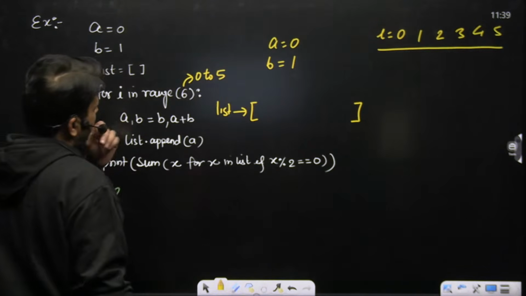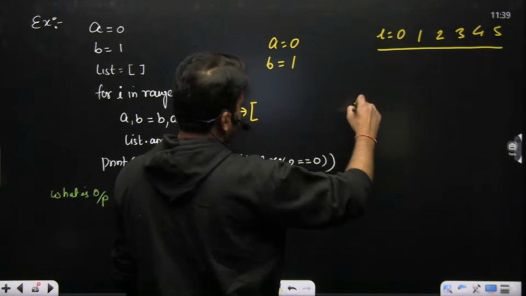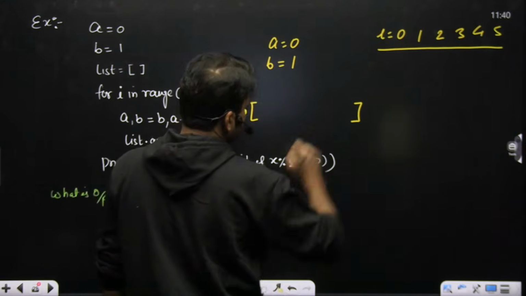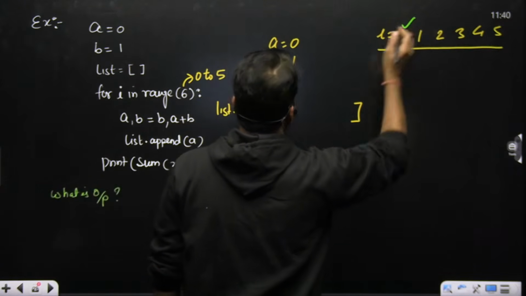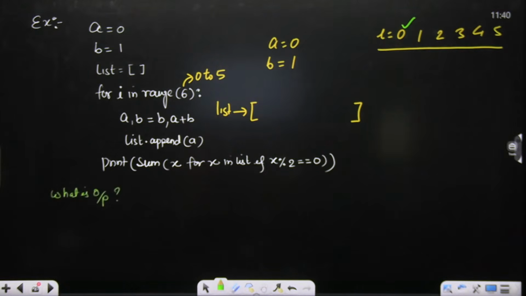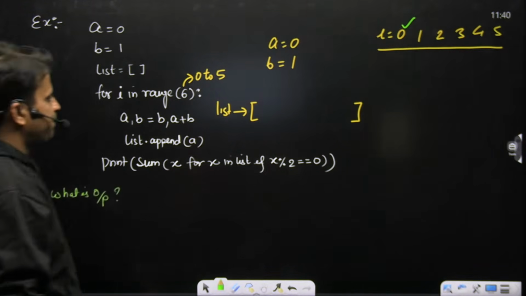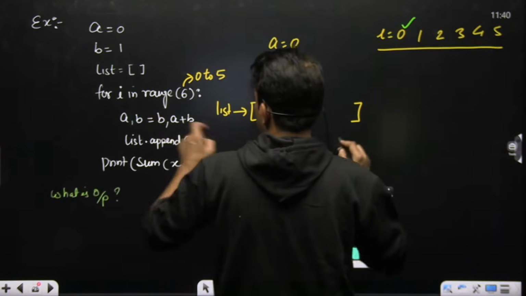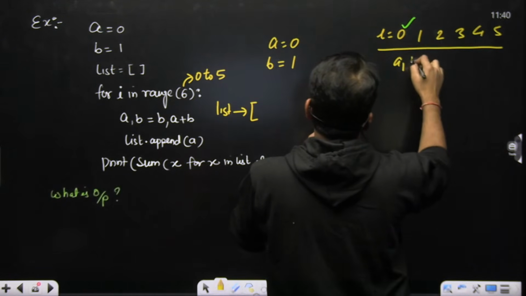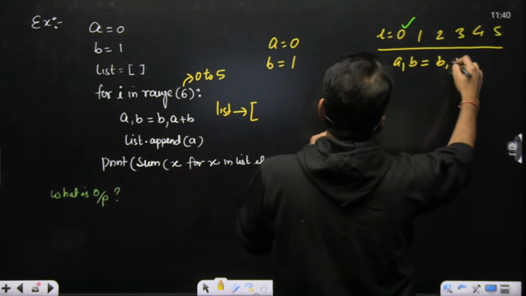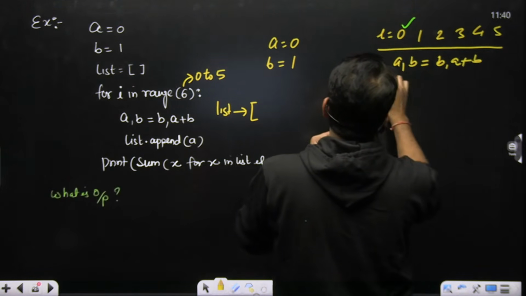Fine. For I in range 0 to 5, then what will happen, student? When I is 0, then a comma b equals b, a plus b. Okay. The formula written here is a comma b equals b, a plus b.